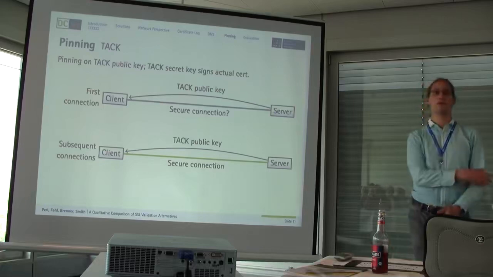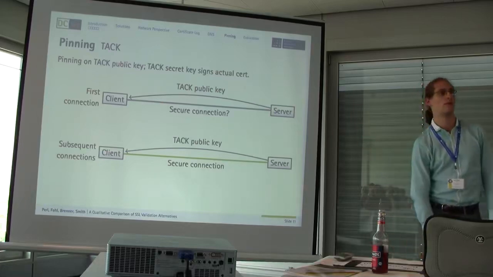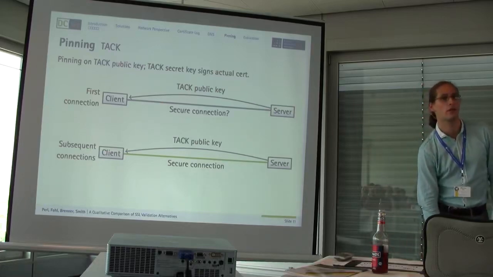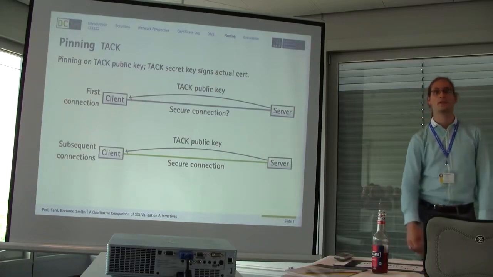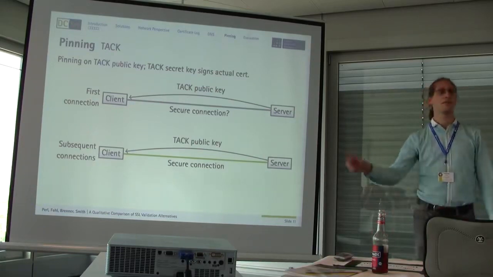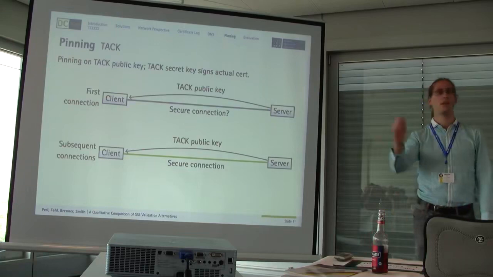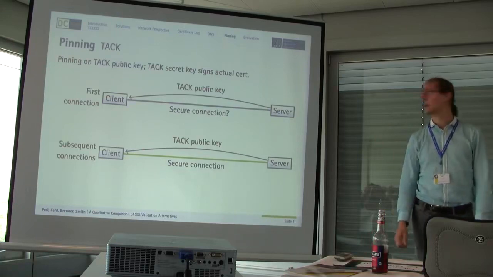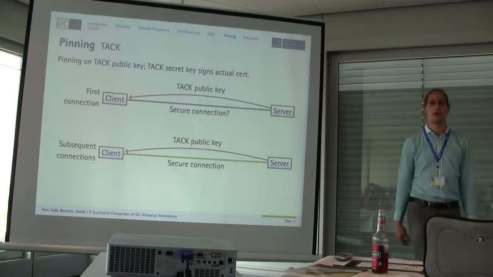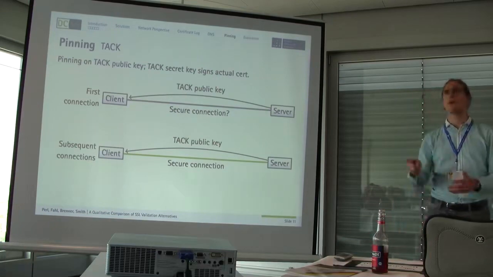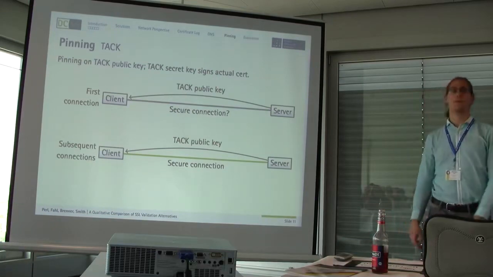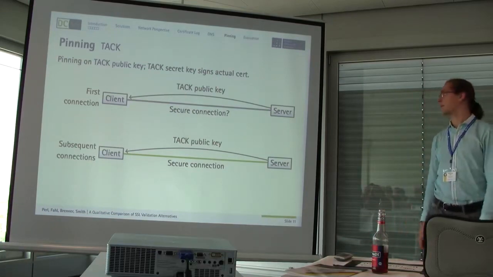And also I can have a whole server farm and issue a lot of different certificates, and I can sign each certificate with my tag private key, and the client does pinning on the tag public key.